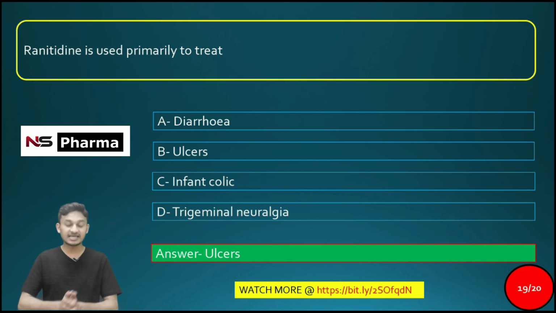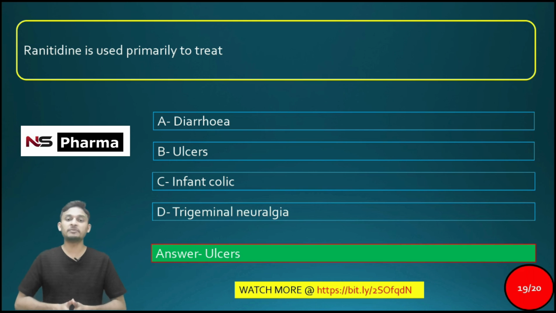Then second class is antacid. Third class is protectives or ulcer protectives, and the last class is anti-H. pylori drugs, which act on H. pylori. These are the 4 different classes of drugs used for the treatment of peptic ulcer.